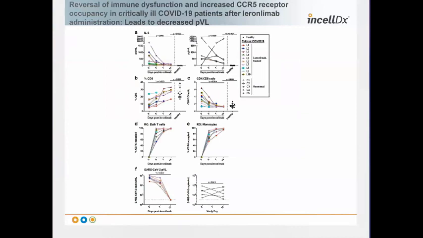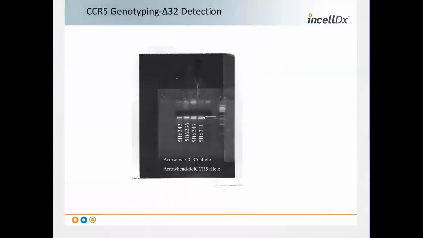Now, part and parcel to, obviously, CCR5 therapy, as we published last year, is the importance of knowing whether or not the CCR5 inhibitors are actually bound to the receptors and to what extent. Way back in the mid-90s, we were in the early days of discovering that there were two different types of CCR5.